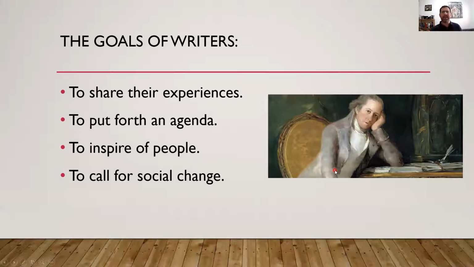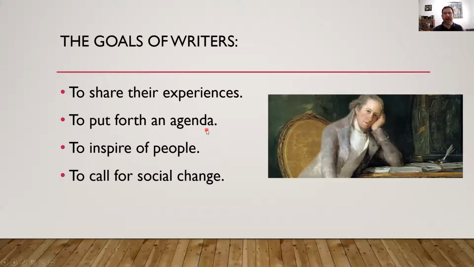So, as I stated before, we're going to talk about the goals of writers. Why do writers write what they do? First of all, quite often writers feel a need to share their experiences. And there are several reasons that they may want to do this. One of them may be to put forth an agenda, basically to put a certain seder yom, an agenda, up front.